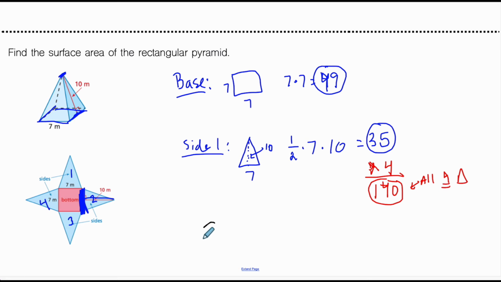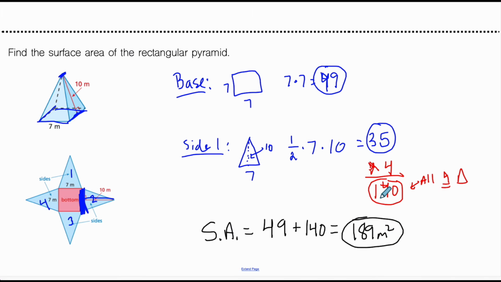Surface area is equal to all of the sides added together. So the base was 49, and then all 4 triangles added up to 140. So in total, my surface area is 189 square meters. There we go. It's just like what you'd been doing with prisms. It's just a different shape now.